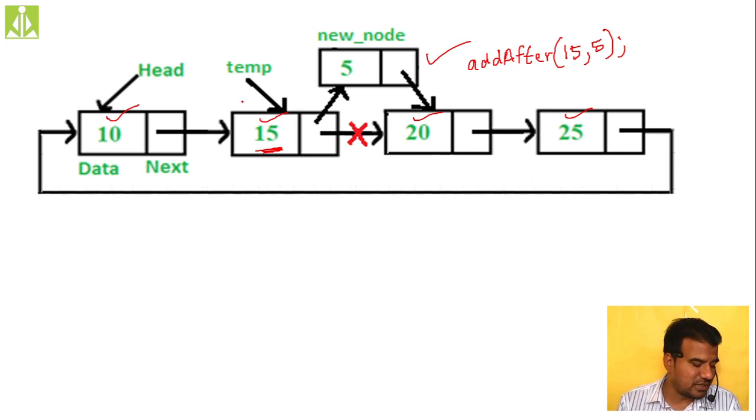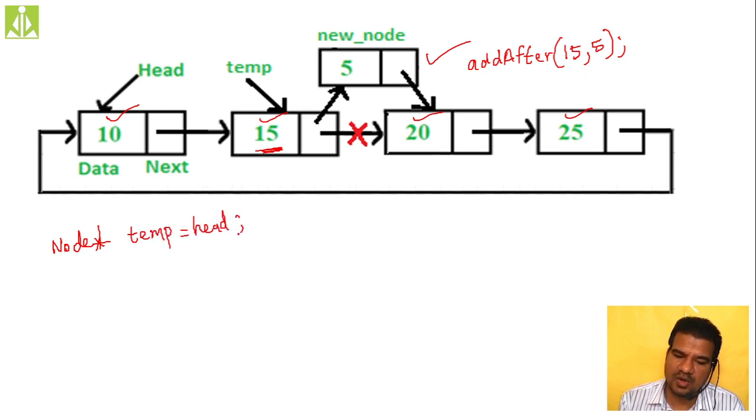the linked list is not empty, that means if the key value is present inside your singly linked list, then in short we have to go like this. First of all we have to take a temporary pointer and push it to this location. Again the same thing: Node star temp equals head.